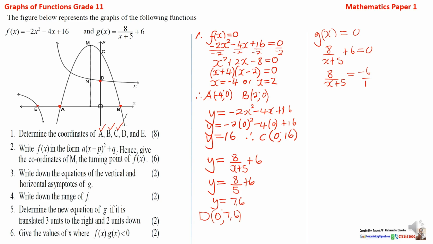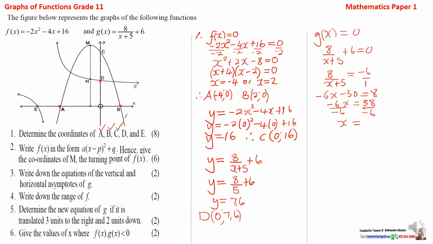Then we cross multiply. This will be -6x - 30 = 1 times 8, which is equal to 8. Then I have -6x = 8 + 30, if I take the 30 to that side it becomes plus 30. Then this will give me 38. Now I divide both sides by -6, so this will give me the value of x.